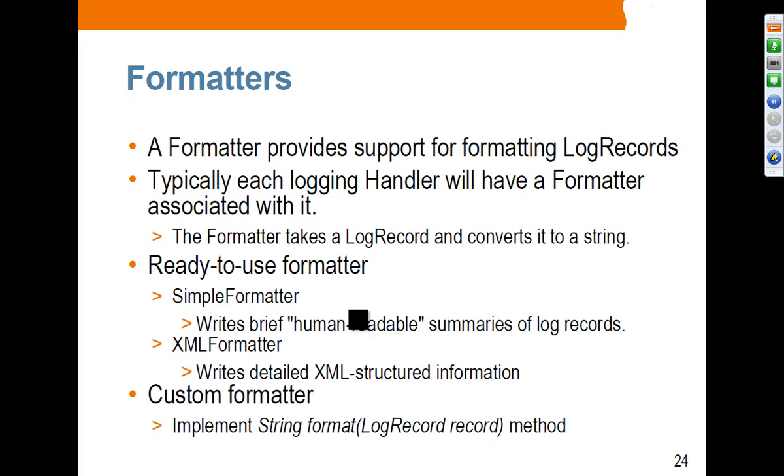Basically, what a formatter does is take the log record object and convert it into the format. Ready-to-use formatters that come with the JDK include the simple formatter, which is just humanly readable summaries of log records, typically the message you see, or you can use the XML formatter.